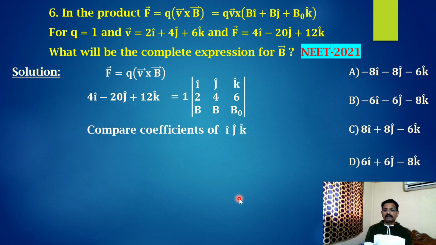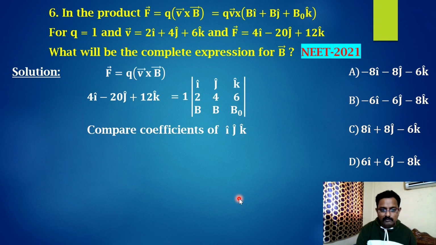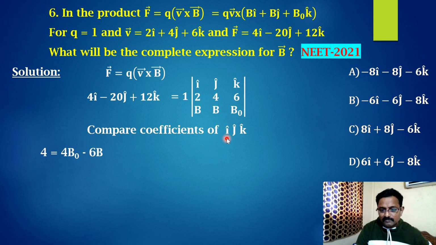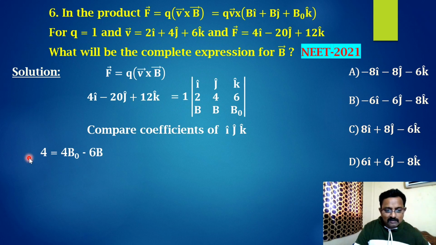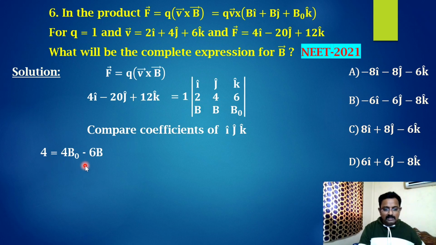After calculating V cross B, if you compare coefficients of i, j, k on both LHS and RHS, then for coefficients of i we will get 4 equal to 4B naught minus 6B, that is equation 1.